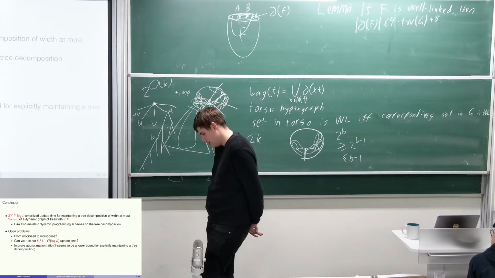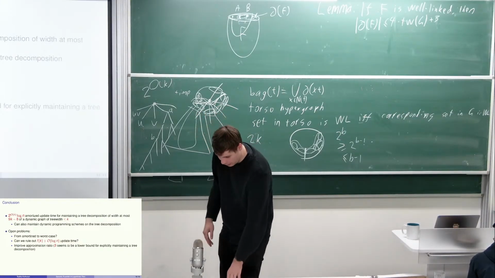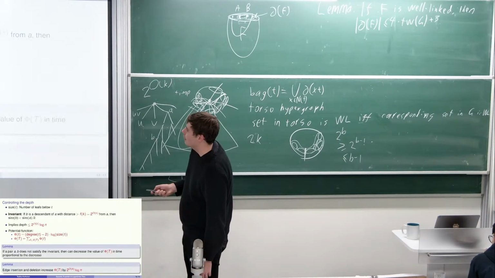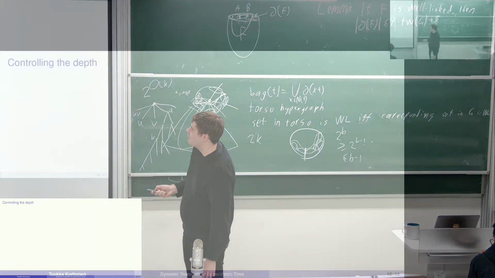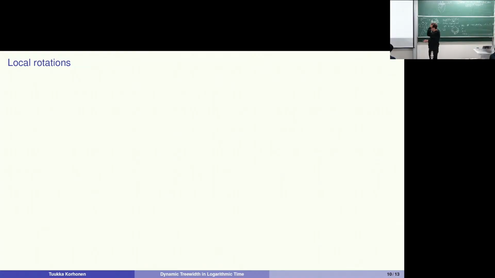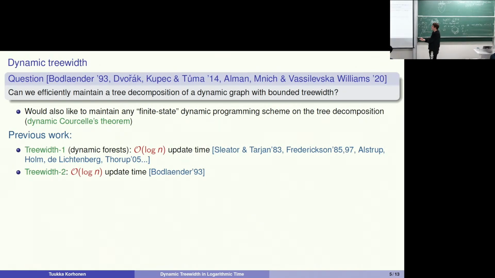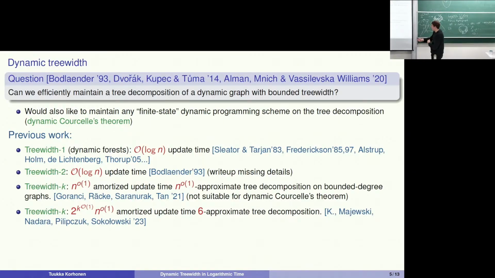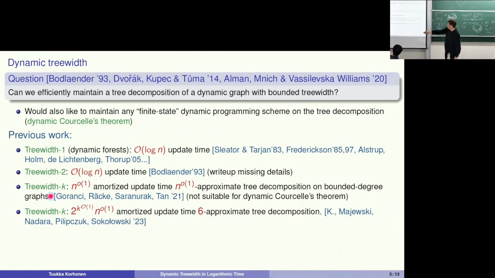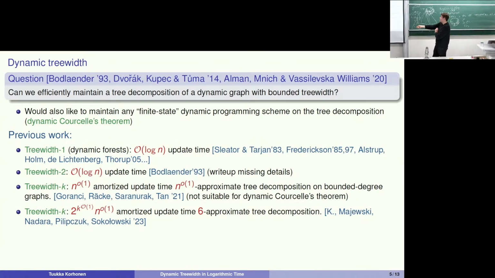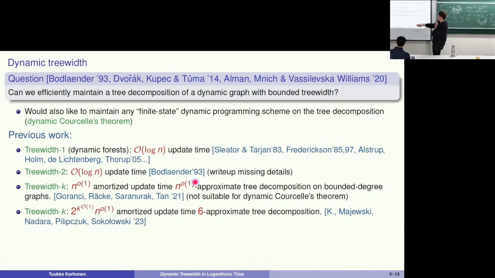I mentioned in the very beginning this data structure of some people for maintaining this. Oh yeah, this one. You can apply this, and you get a small constant approximation, but only for bounded degree.